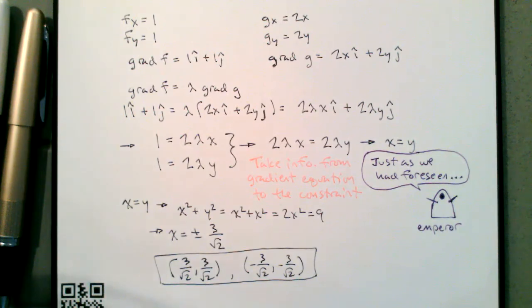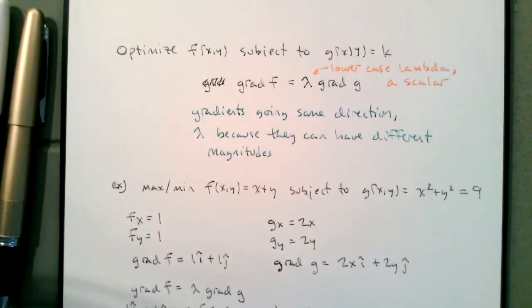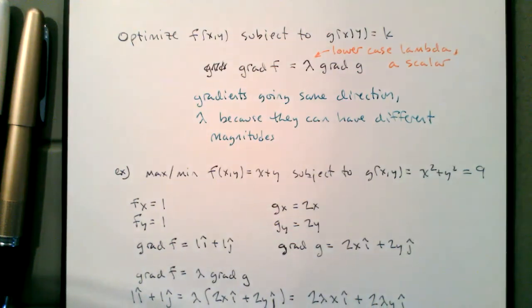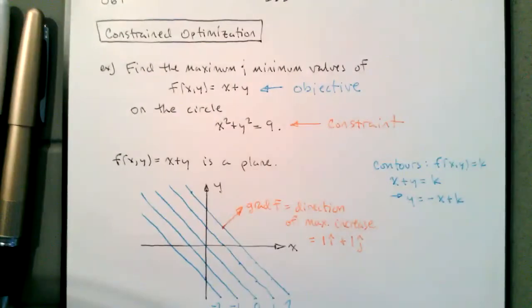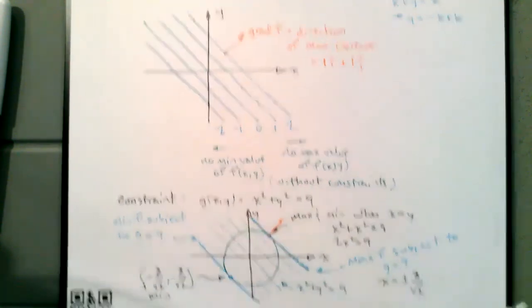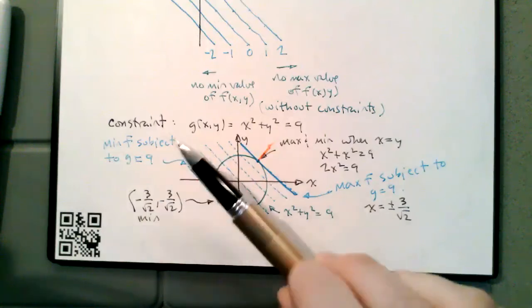So once again, gradient of f is equal to lambda times gradient of g, meaning gradient of f and the gradient of g are going in the same direction. The lambda just represents the different magnitudes that they might have. This makes sense because I have the gradient of f, and I want the gradient of g to be going in the same direction.